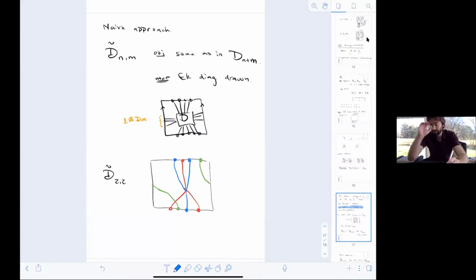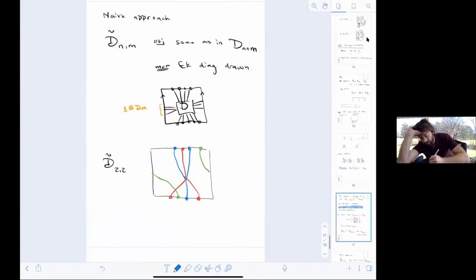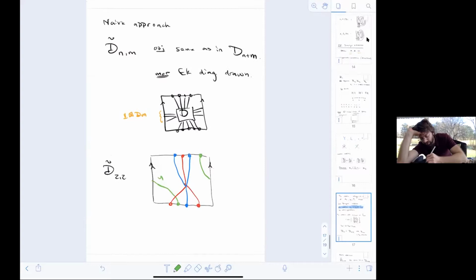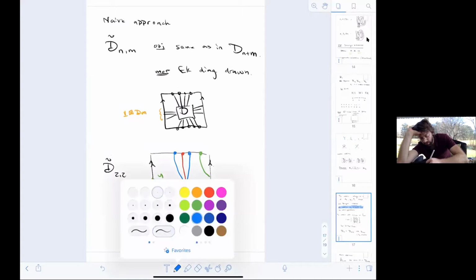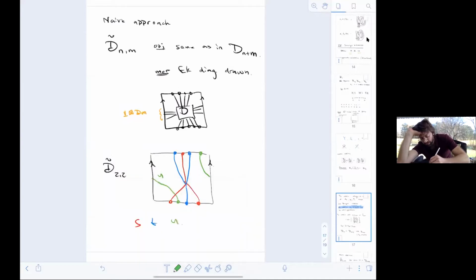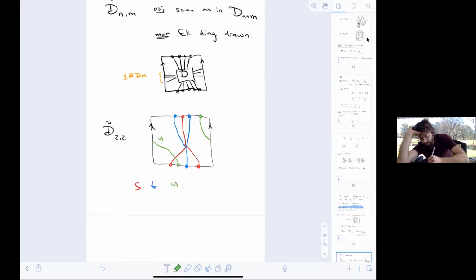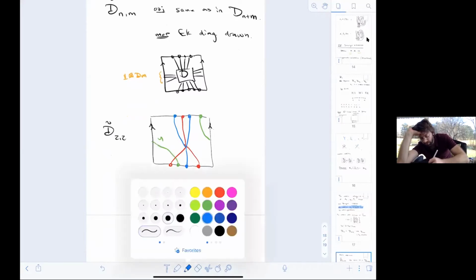Okay, so here I've drawn an Elias-Khovanov diagram in the rectangle with edge identifications. But the important thing is I only allow, so the stuff that touches this seam of the rectangle is forced to live in the parabolic subgroup corresponding to DM. So in this case, we have the three simple reflections S, T, and U. And the only thing that I allow to touch the side of the rectangle is U.